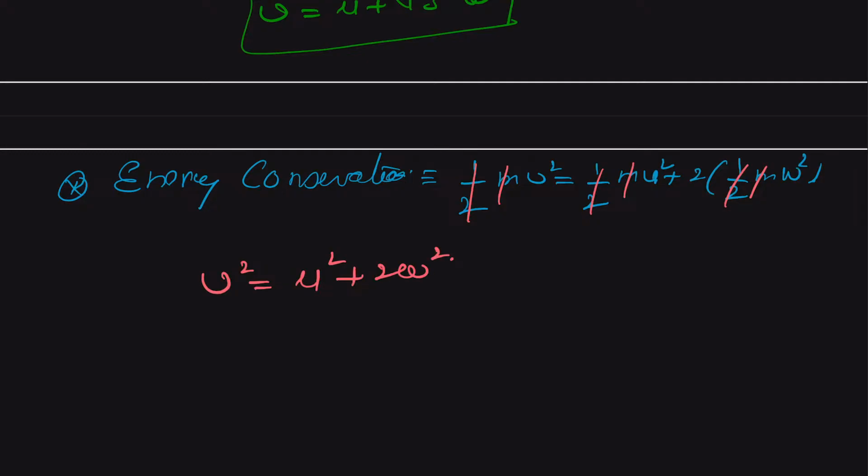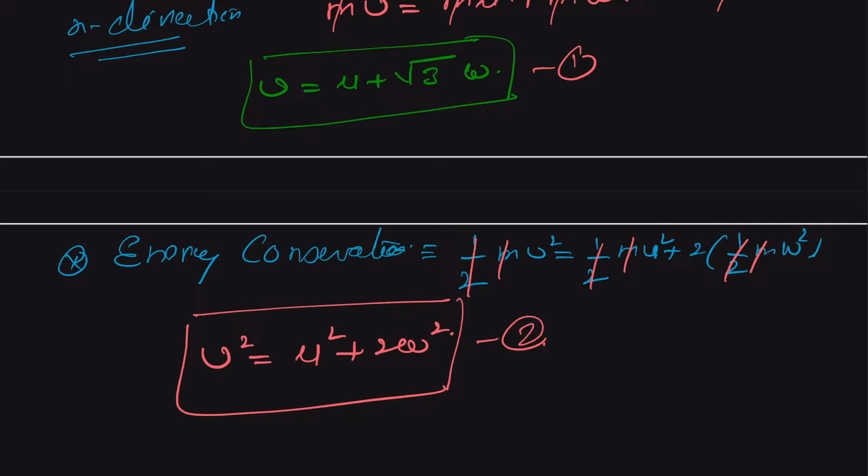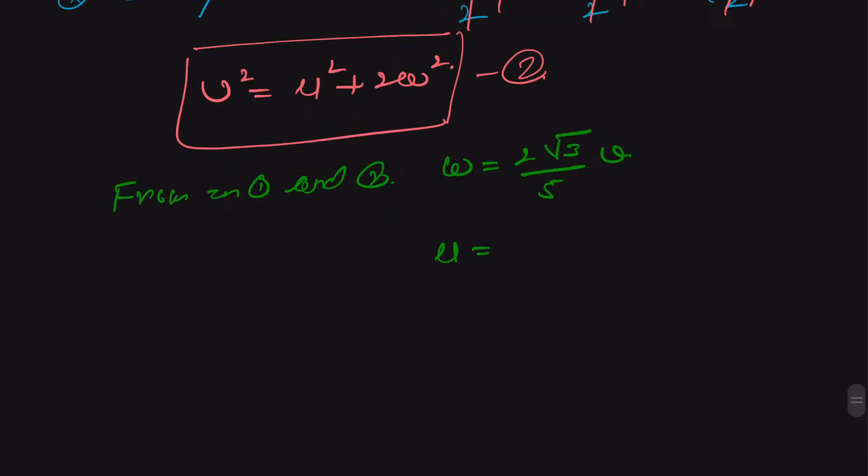We have two equations. Let us call this equation number 1 and this equation number 2. If we solve these two equations, we are going to get the value of u as well as W. From equations 1 and 2, W is equal to 2 root 3 divided by 5 times v, and u is equal to minus 1 by 5 times v.